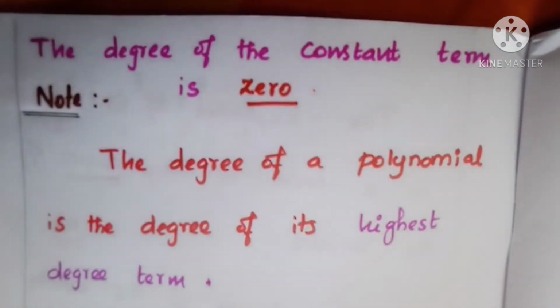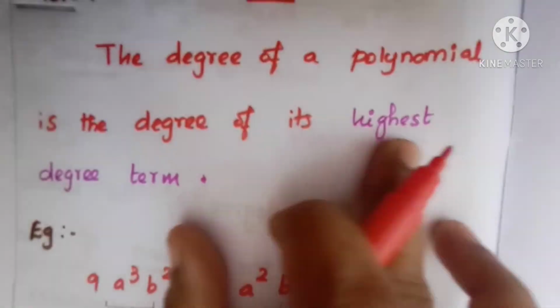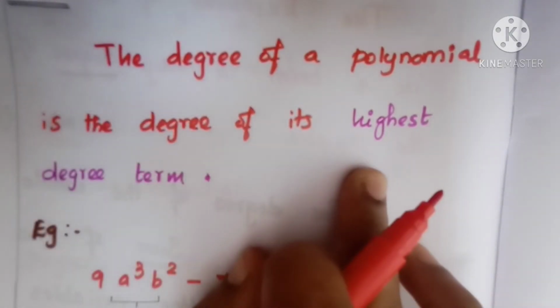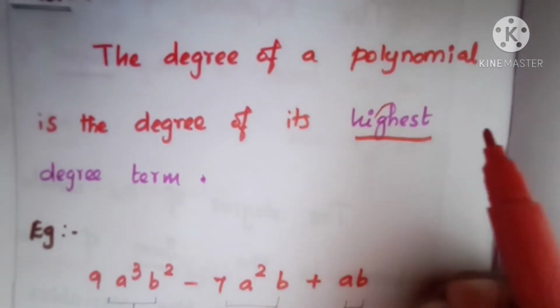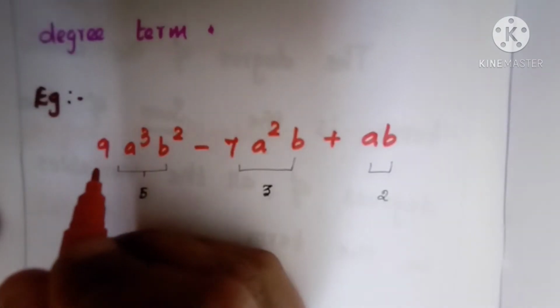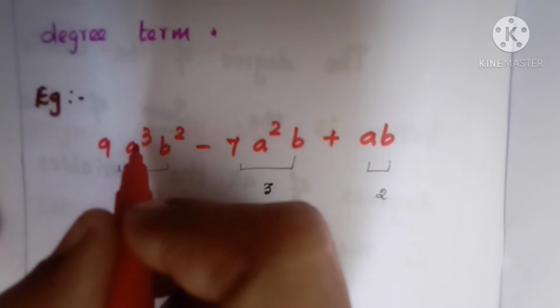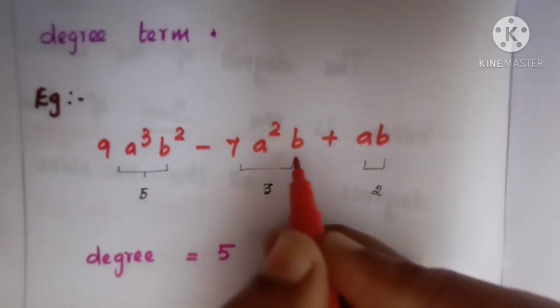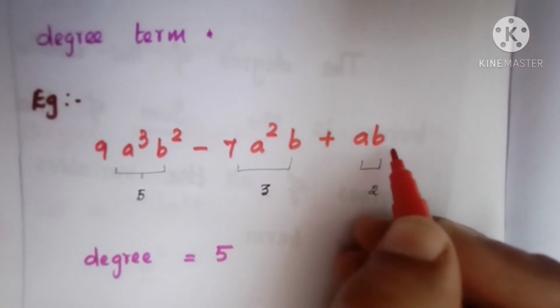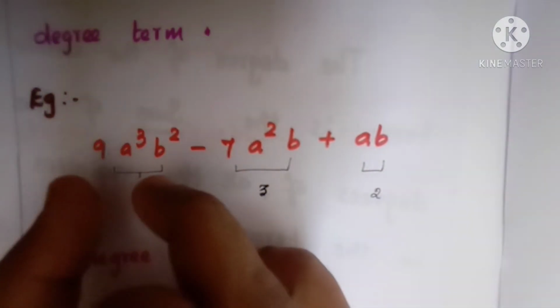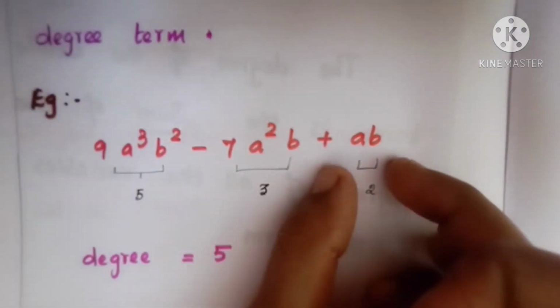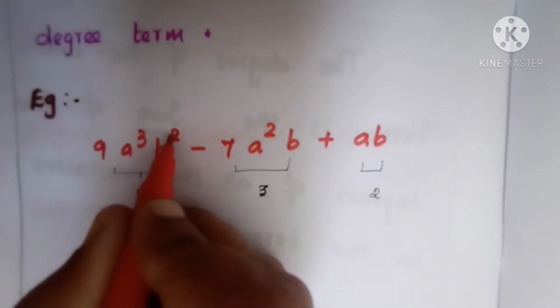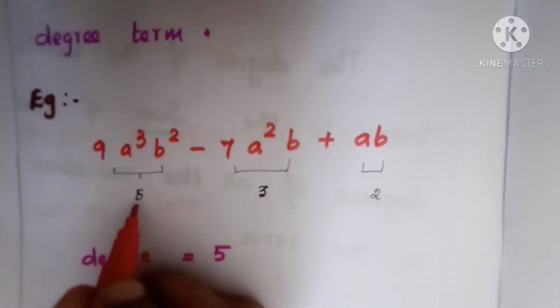An important note: the degree of the polynomial is the degree of its highest degree term. 9a cube b square minus 7a square b plus ab. First of all, find out the degrees for each term. Here a cube b square, 3 plus 2, 5.